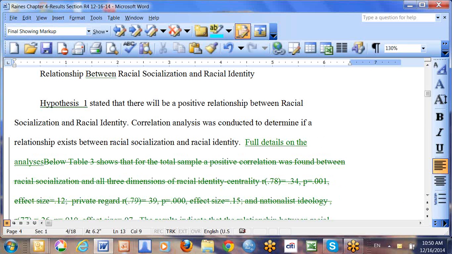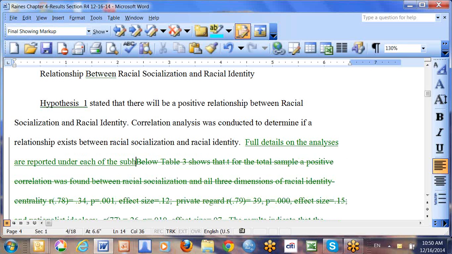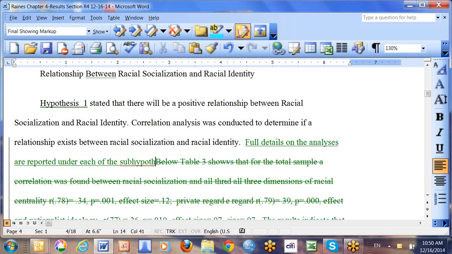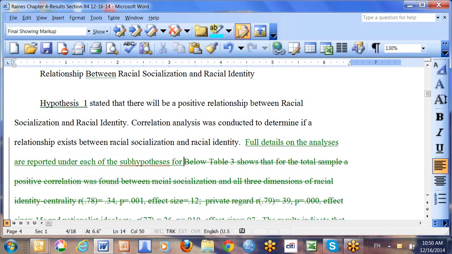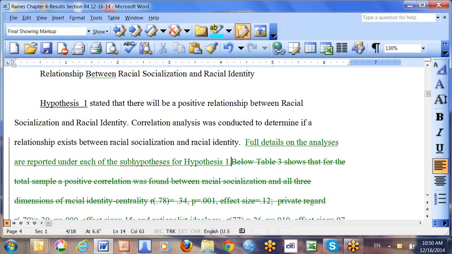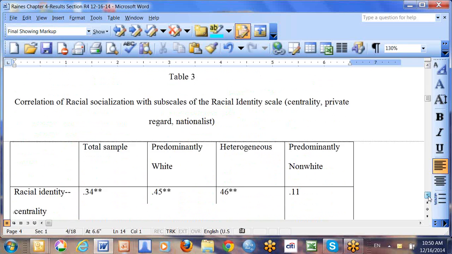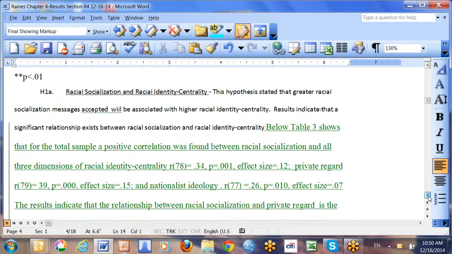Yeah, and put here that full detail on the analysis is reported under each of the sub-hypotheses for hypothesis 1. Okay, very good, I got it. That makes sense, and when you get to them, that fixes it.